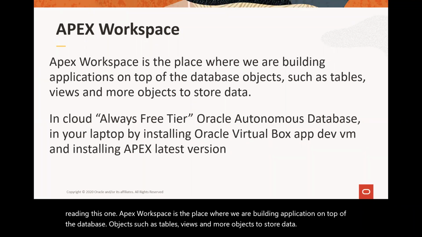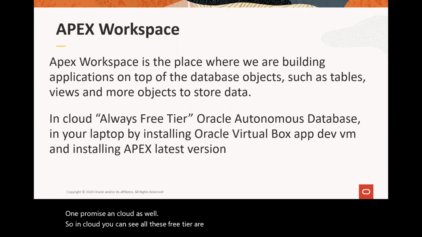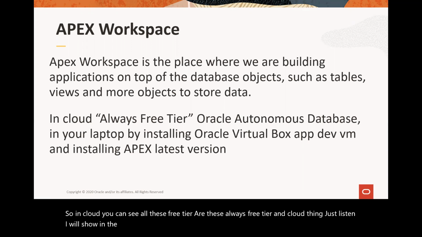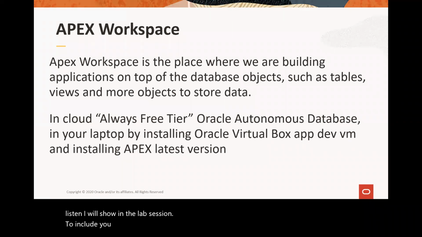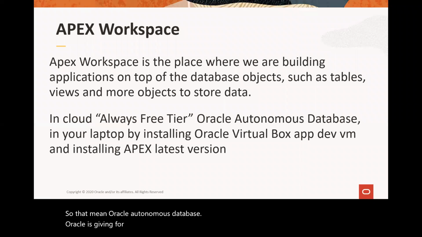In Apex, I hope you know, there are on-premise and cloud options as well. In the cloud, you can see the always free tier. Just listen, I will show the always free tier and cloud in the lab session. In the Oracle Cloud, there's an option called always free tier. That means Oracle is giving the Oracle Autonomous Database for free with limited restrictions.